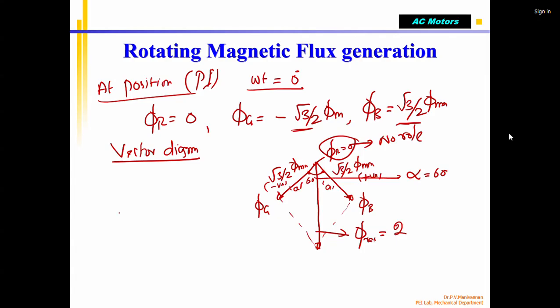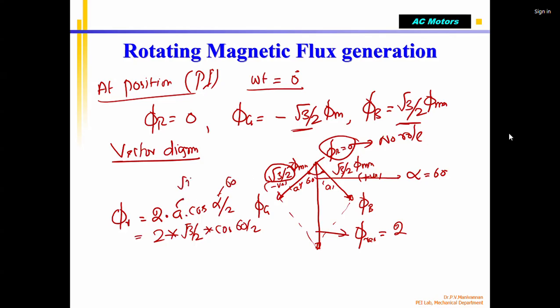Then we can say that phi r equal to 2 into A. Parallelogram, one side is A, correct? There are two sides. That's why 2 into A into cos alpha divided by 2. We substitute alpha is 60 and A equal to root 3 by 2 into phi max.